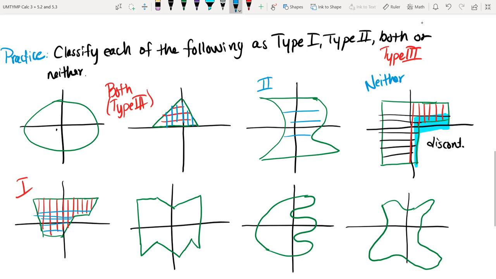So that is going to produce another discontinuity in the y functions. This next one is a type 1, and then we have type 2, and finally we have neither. Okay, and so that's going to wrap up this video, and we'll use this in the next video and discuss integration further.